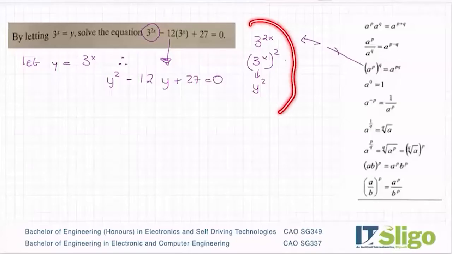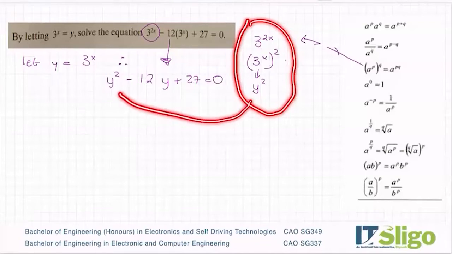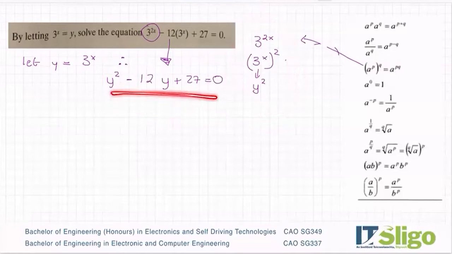So that's what I was doing there, showing you that that's where I got my y squared from. That's all the different parts of that equation. From here, this is simply a quadratic. You can solve it using the minus b formula, or using factors. Let's consider the factors of plus 27.